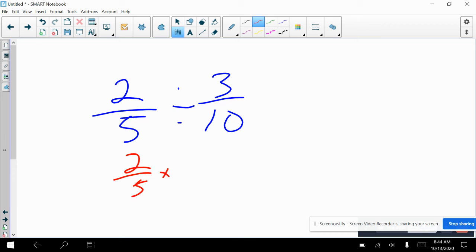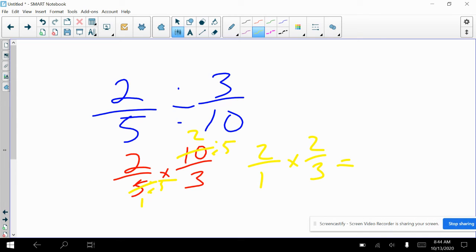2/5 multiplied by 10/3. Again, at this juncture, you should know by now from lesson 2-3, anytime that you have multiplication of fractions, you always look to cross reduce. We divide by 5 here. And now we get 2/1 times 2/3.